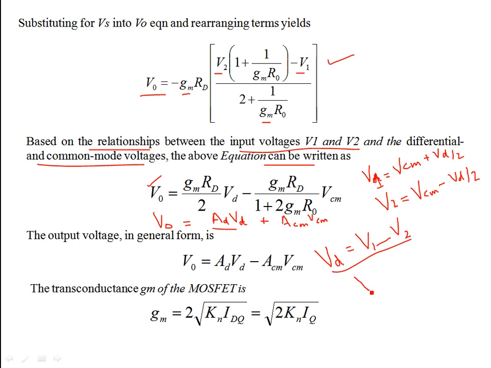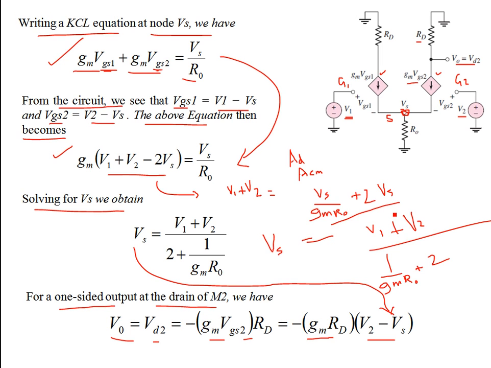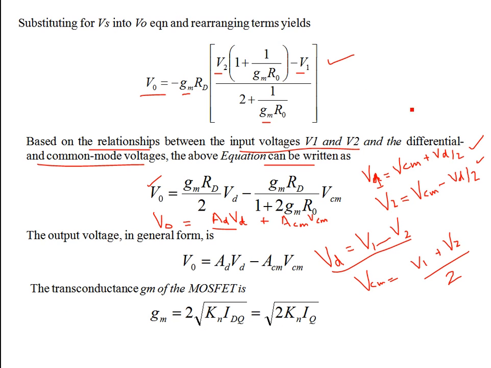You can also see from these two expressions that VCM is the average of the two applied signals, V1 plus V2 over 2. You add them up and the differential part cancels, so VCM is basically the average of the two gate voltages of the MOSFETs.